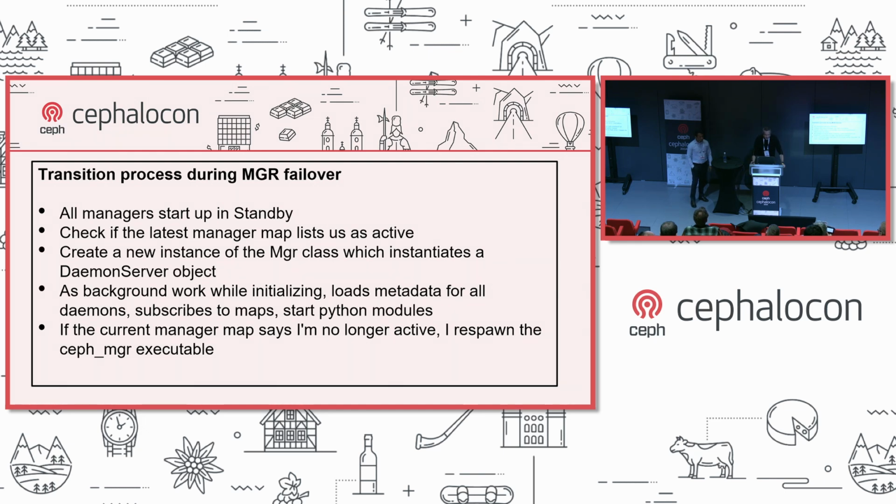So everything is handled by modifying the state in the manager map and republishing it. Once the manager consumes the new map, it understands what its state should be and makes the required adjustment.